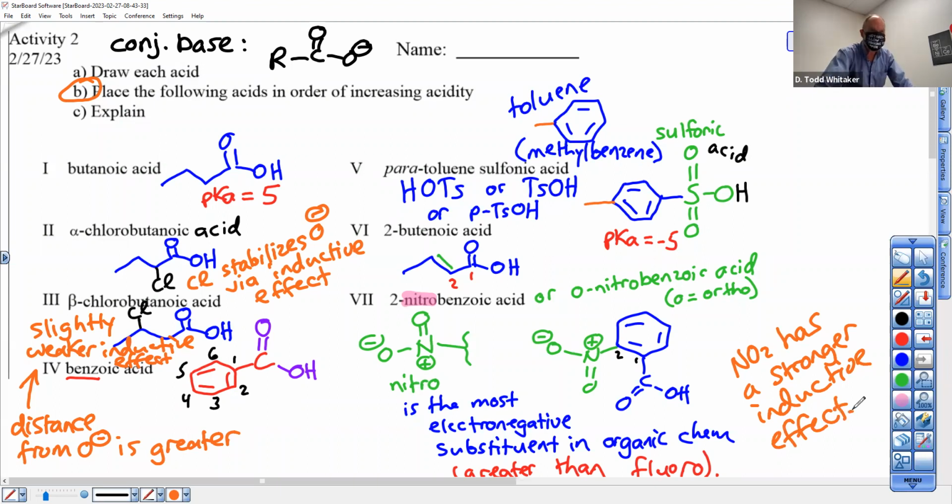I do not expect you to be able to know which of these will be better, the alpha chloro or the ortho nitro. That's where I was getting the ortho from. Because that's a greater distance, isn't it? But it's a stronger effect to start with. So you guys got this going on, and it's a Markovnikov, isn't it? But we will clear that up shortly, because there's another thing going on with the benzoic one. This one here.